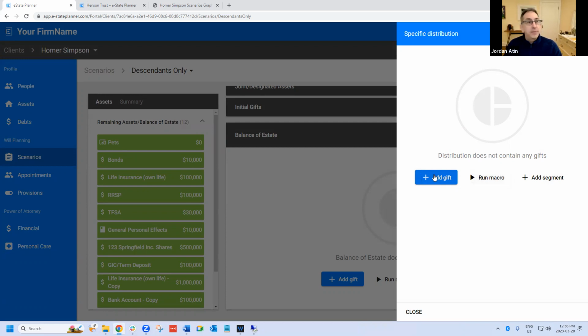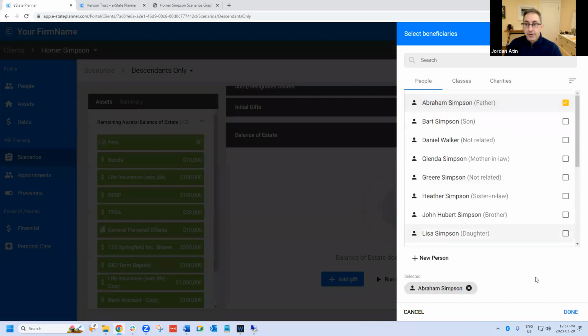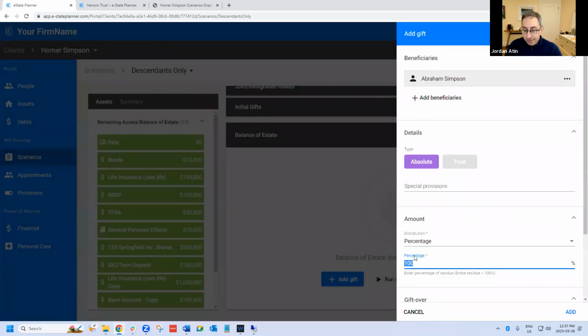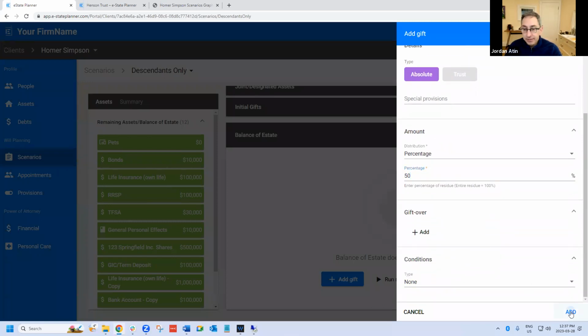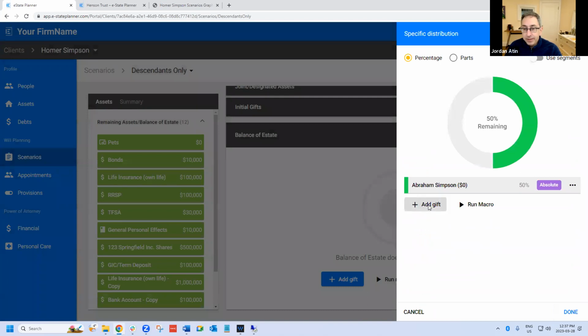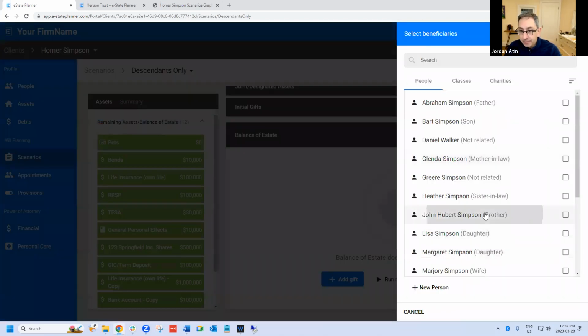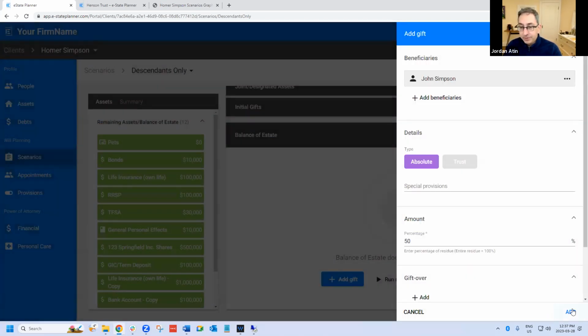If Bart's not alive and Bart has no children and Homer has no descendants, then we want it to go to the father, for example. Okay. And we want the dad to get 50% of that gift over. And then we want the brother to get the other 50%.